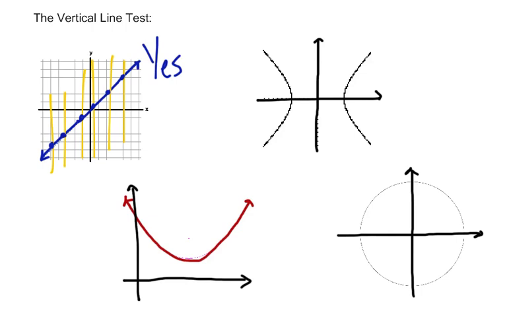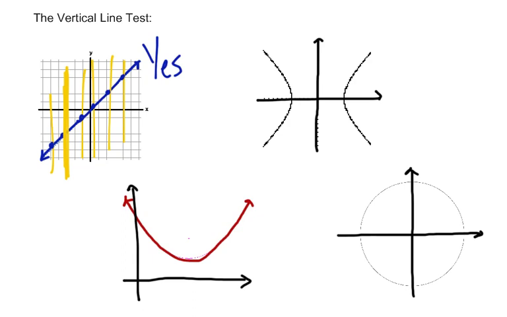Now the reason for that is that when we draw a vertical line, what we're doing is identifying an x value. So like say this line right here. This thick yellow line is looking at specifically just one element of the domain. And if it crosses our graph in only one spot, that means that it's paired with only one element of the range.